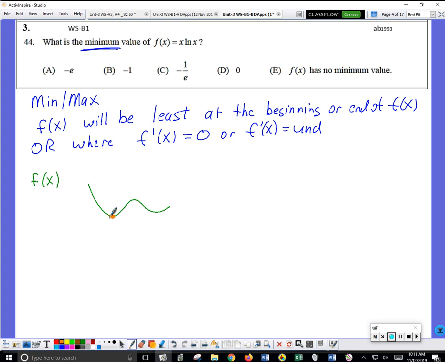That's where f will be lowest. Okay? Another possibility is f looks like this. This sometimes happens as well. In this case, f is simply lowest right here at the end of f, the last point on f. That has happened on AP questions as well. F can be lowest at the last point on f.